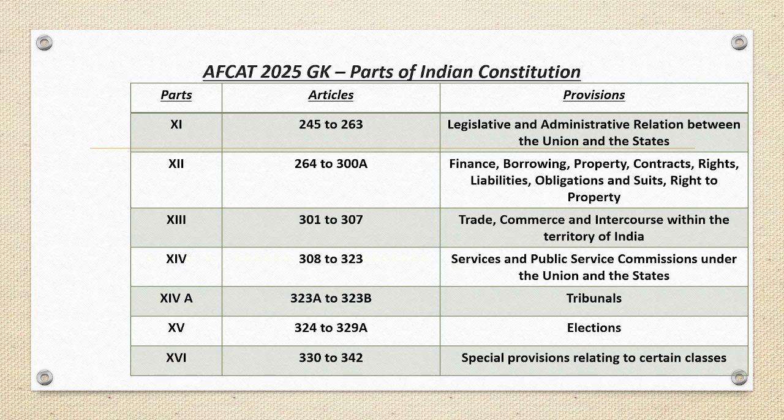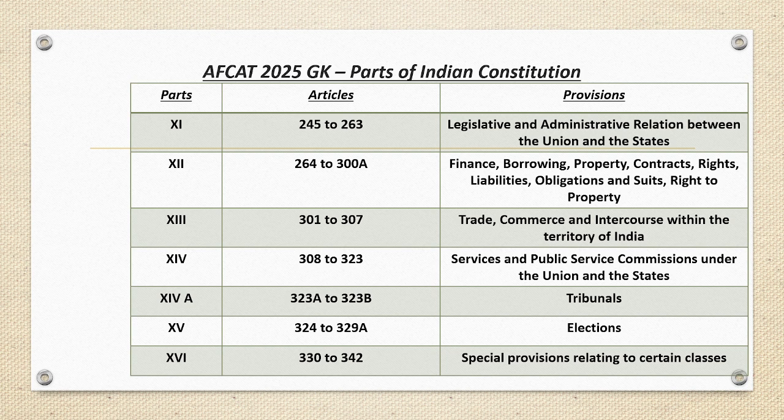Then we have part 14, articles 308 to 323. It deals with services and public service commissions under the union and the states. That is, the Union Public Service Commission or any respective state public service commission are mentioned in part 14, articles 308 to 323.